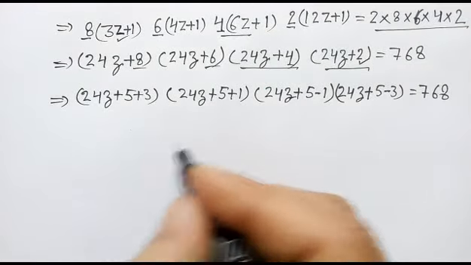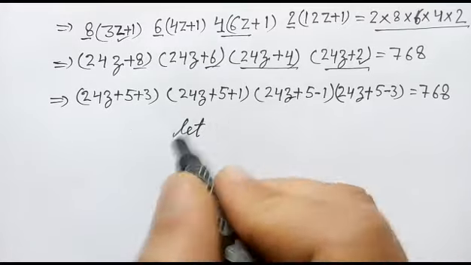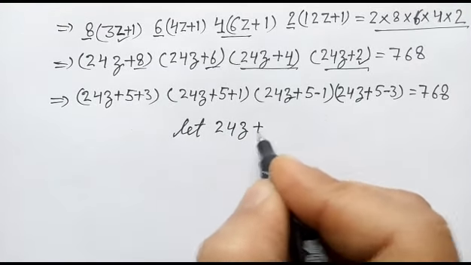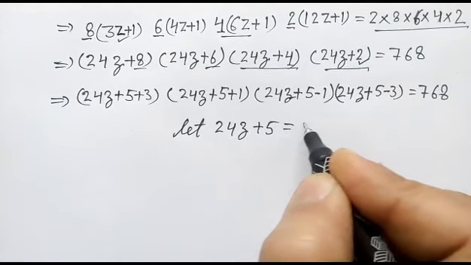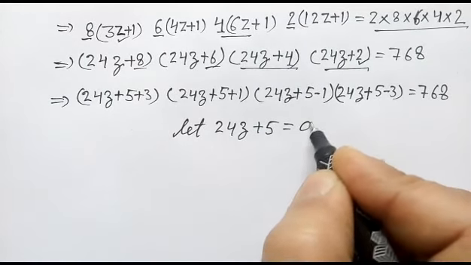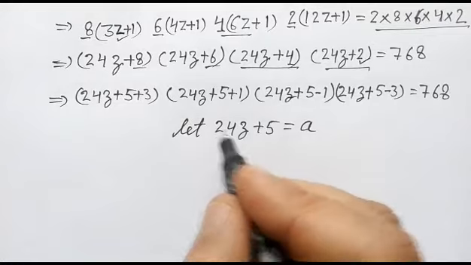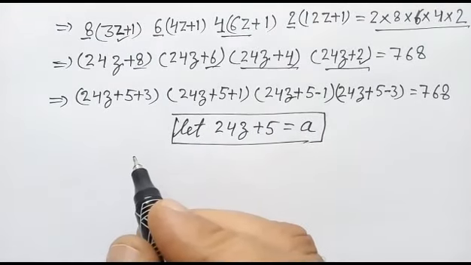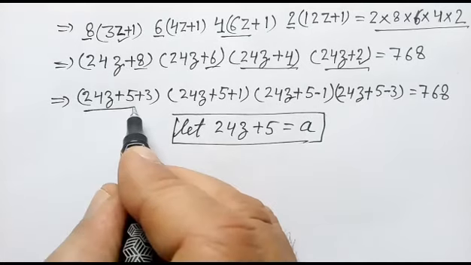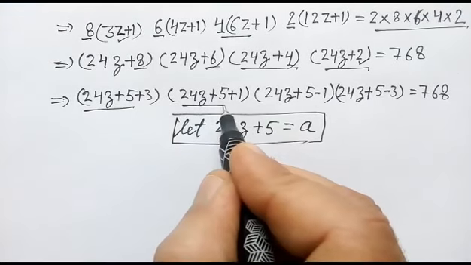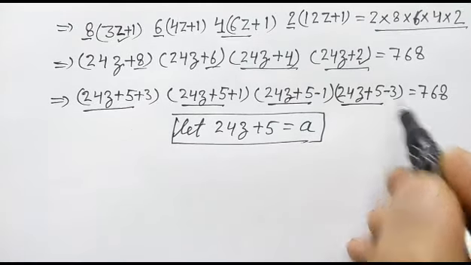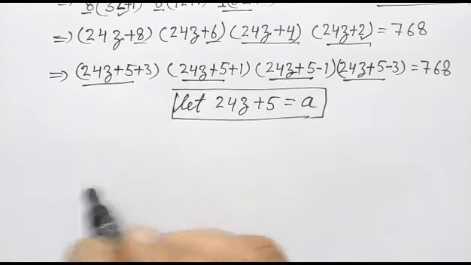Okay, let 24z plus 5 is equal to a. Okay, 24z plus 5 in each factor, right?